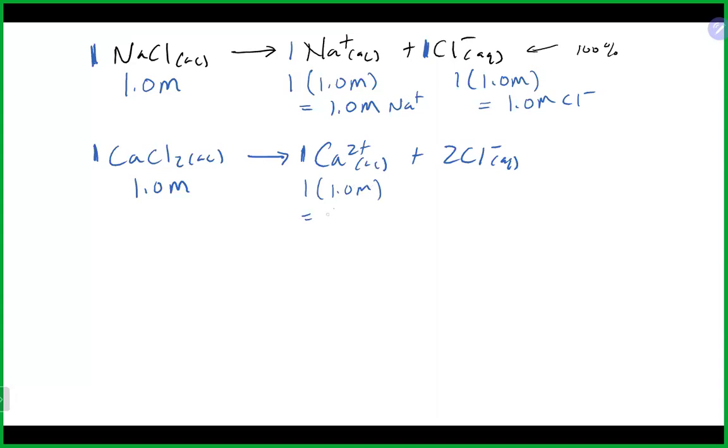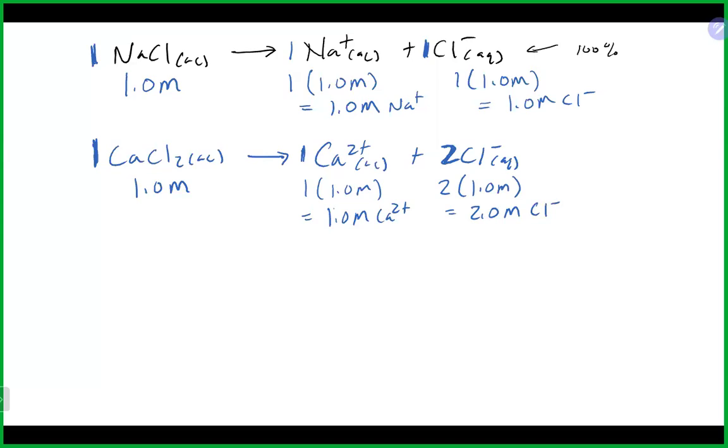And this solution would be 1 molar of calcium ions floating around. But when we look at the whole thing to chloride, it is a 1-to-2 relationship there. And what we do with concentration is we would take concentration, multiply it by 2, and that would give us that we have 2 molar chloride ions in this case.